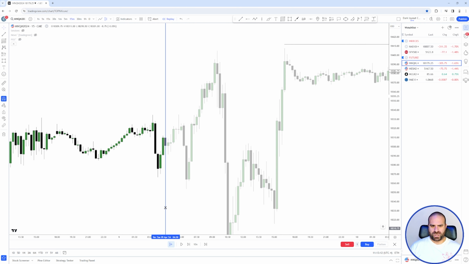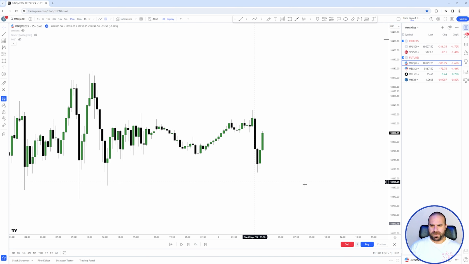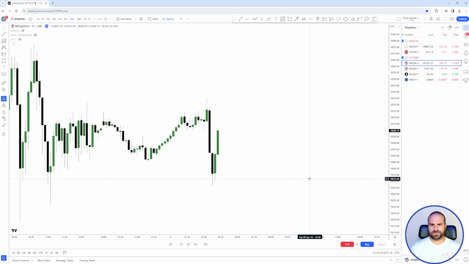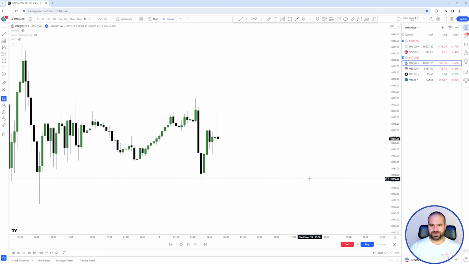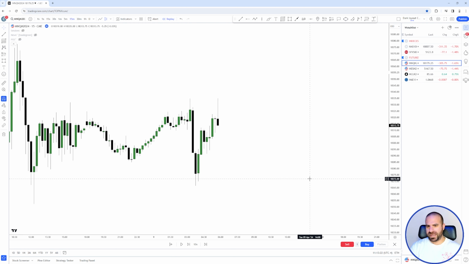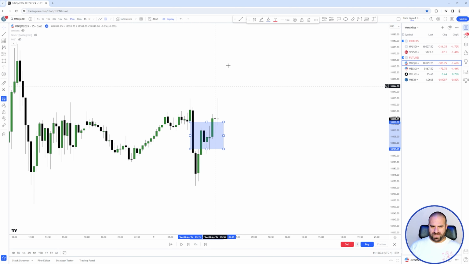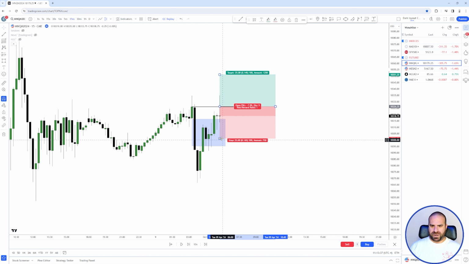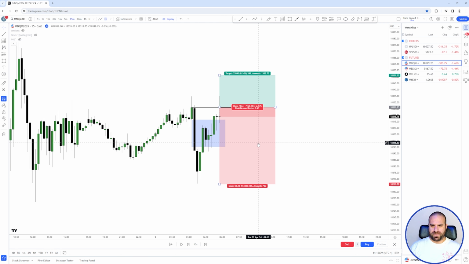Let's play it actually step by step. Okay, let's check it out. Here, let's be very honest right here, because of the violation of this fair value gap, because you wouldn't know at the point of this violation, you would be having your buy stop over here with the stop loss right below the area.